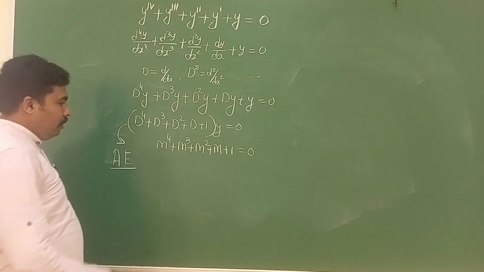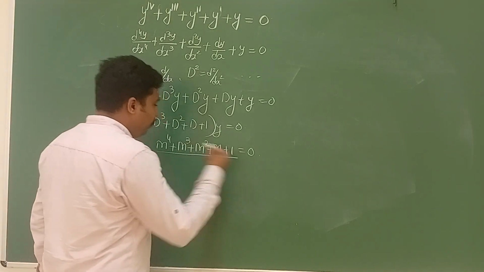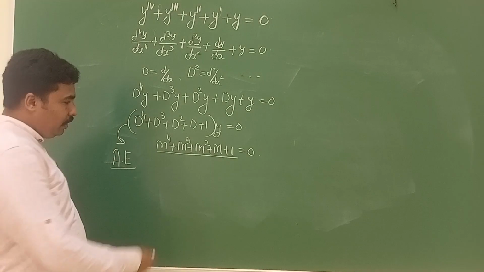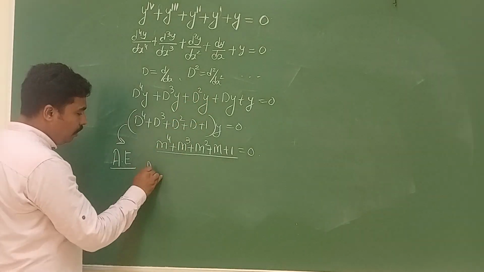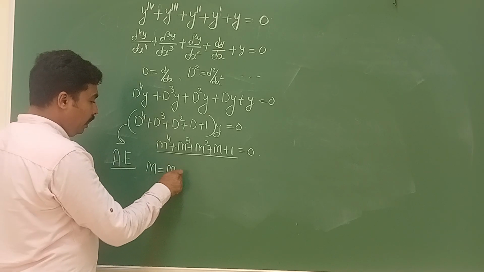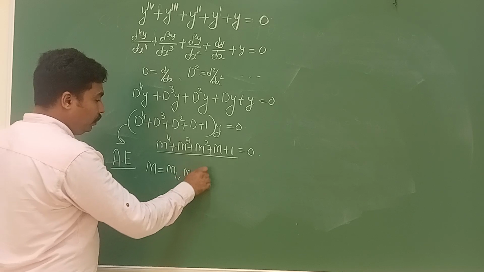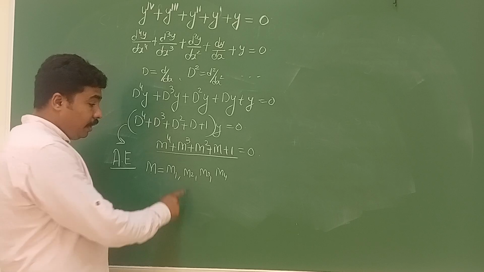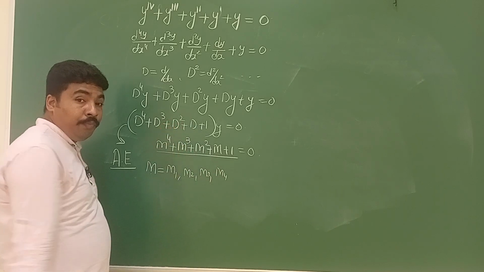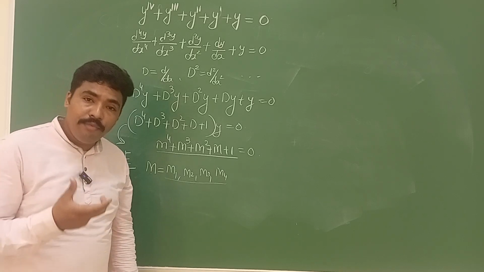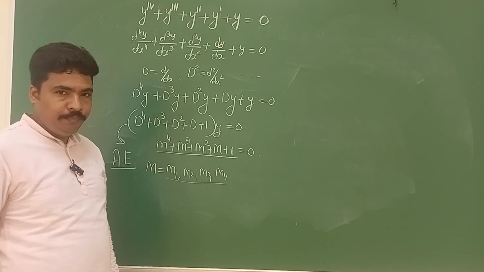Now you see, it is a fourth order differential equation, so m power 4 is the highest order. Therefore, if we solve this equation, we will have 4 m values. Let me take them generally as m1, m2, m3, m4. Depending on these m values, we write different types of complementary function.